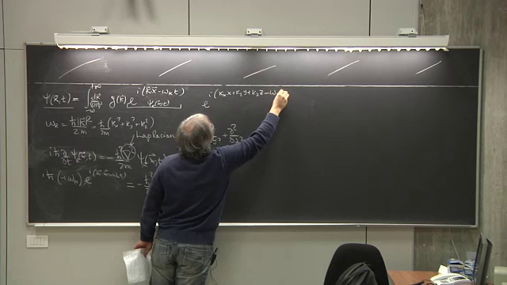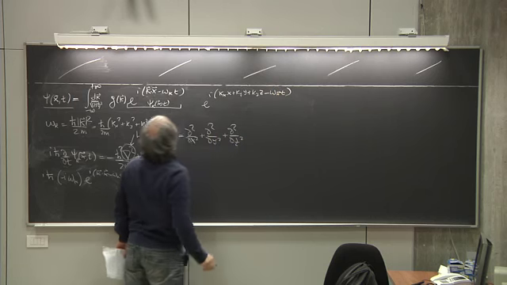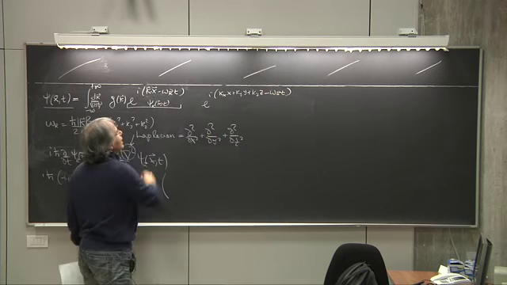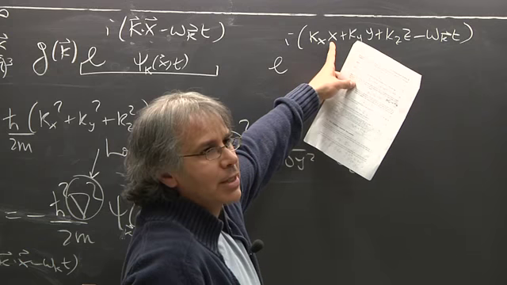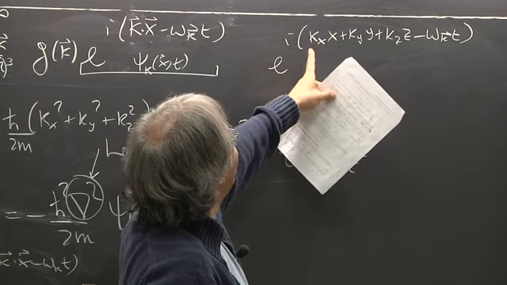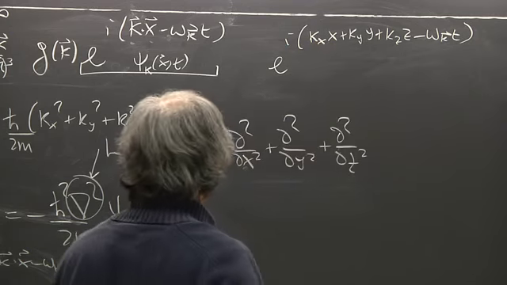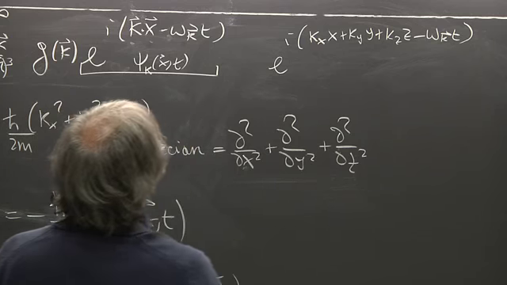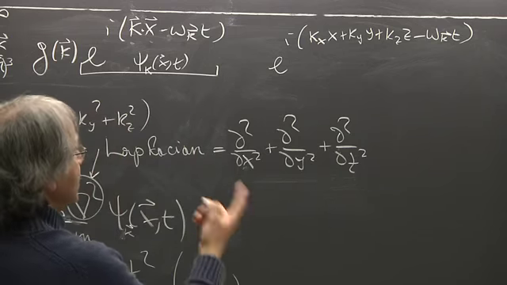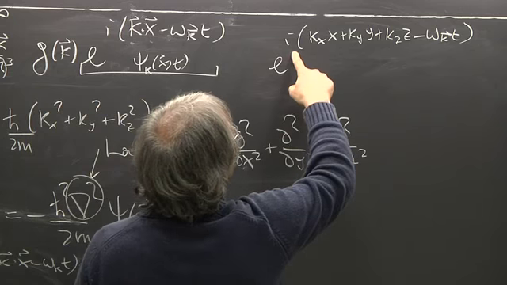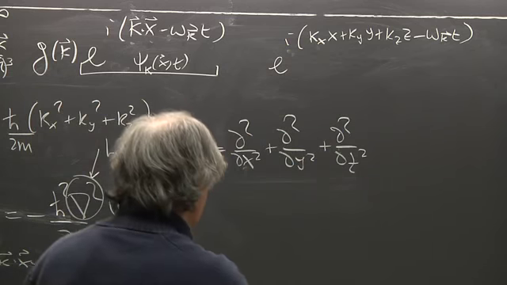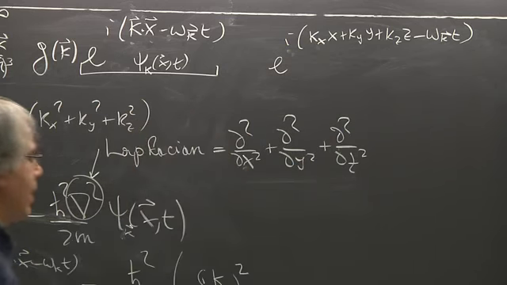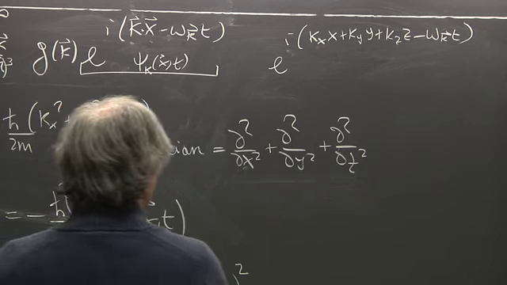When I take the first derivative with respect to x, I bring down i kx. Then I take a second derivative of the same expression, and I bring down another i kx. So I get the square, times the same function.